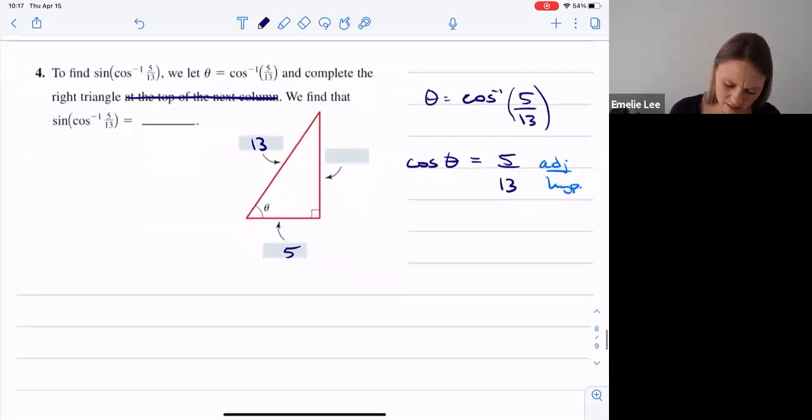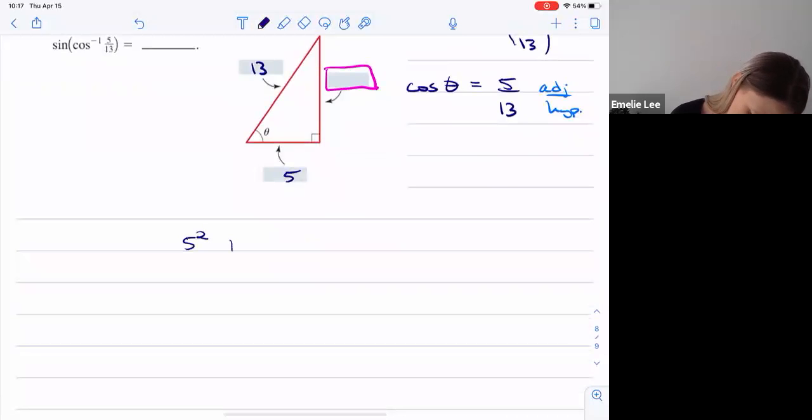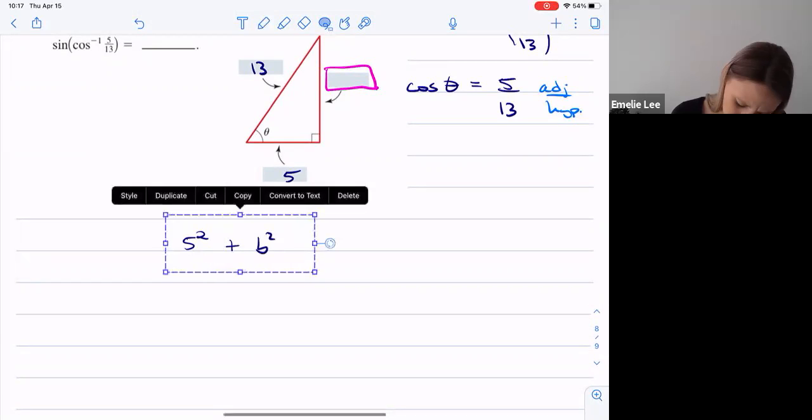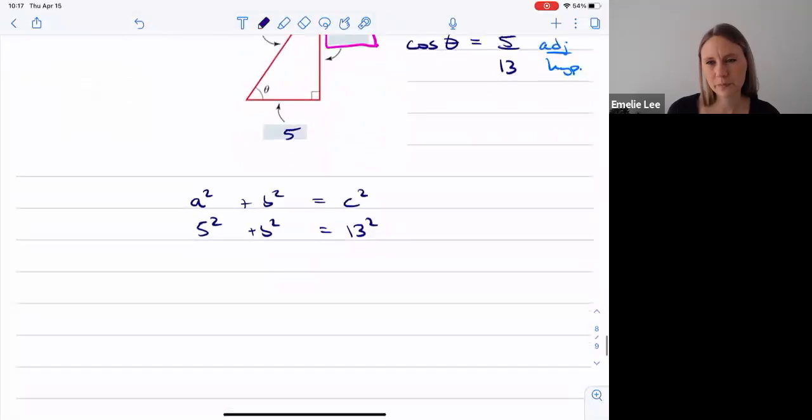We can find this missing piece using the Pythagorean theorem, right? And so 5 squared plus, and maybe I should write out the whole formula, a squared plus b squared equals c squared. So 5 squared plus b squared equals 13 squared.